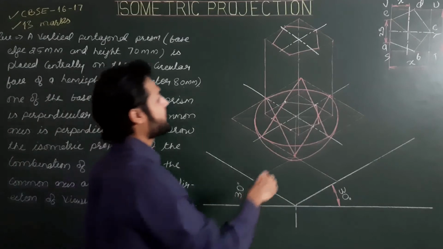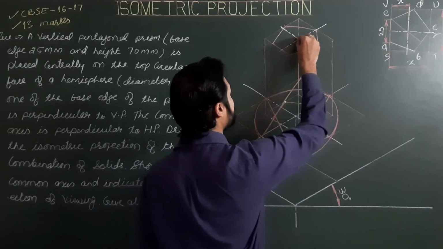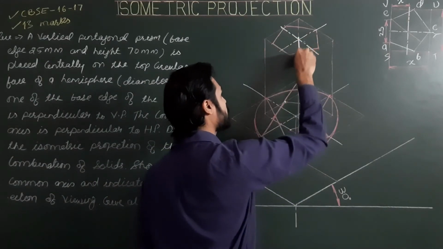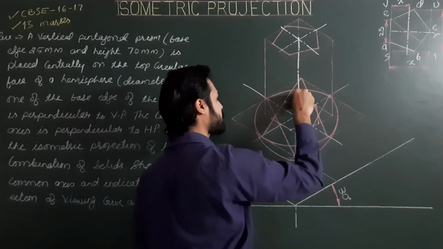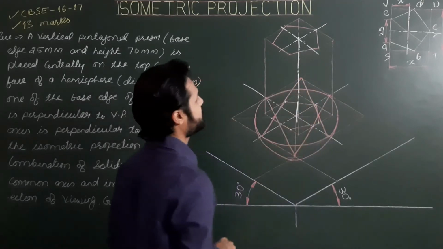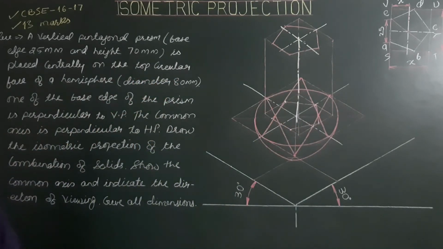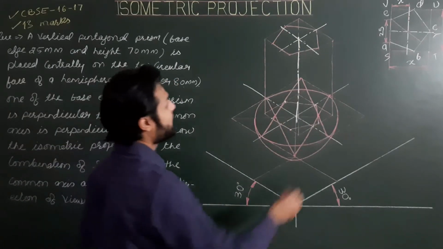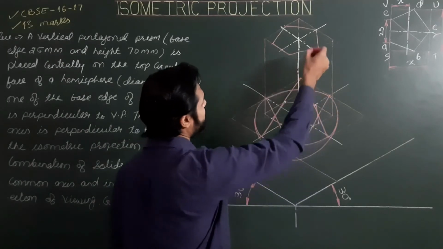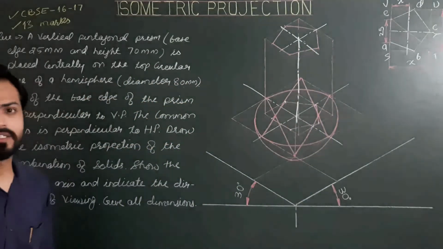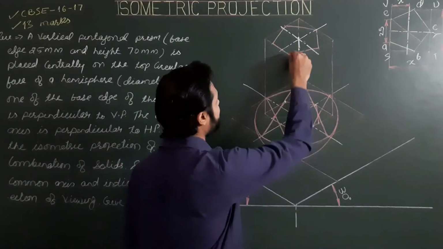Now, from the upper center to the lower center, the solid axis. This is the solid axis. And last, we have to show all visible outlines or all visible sides and generators of the solid.